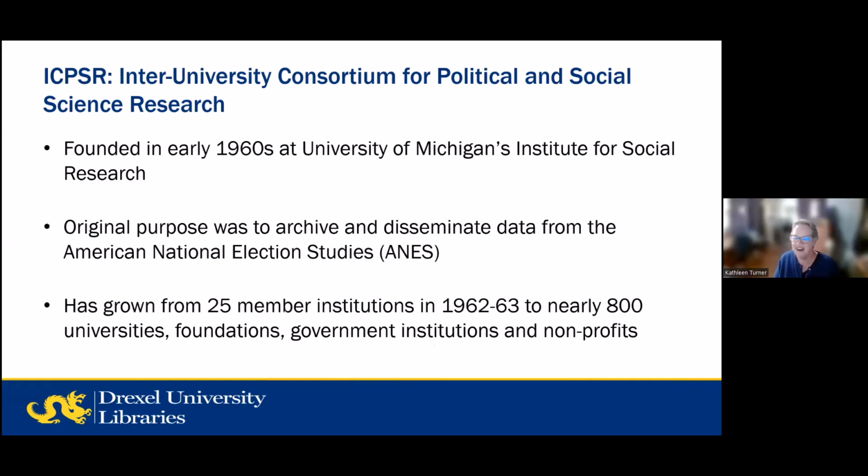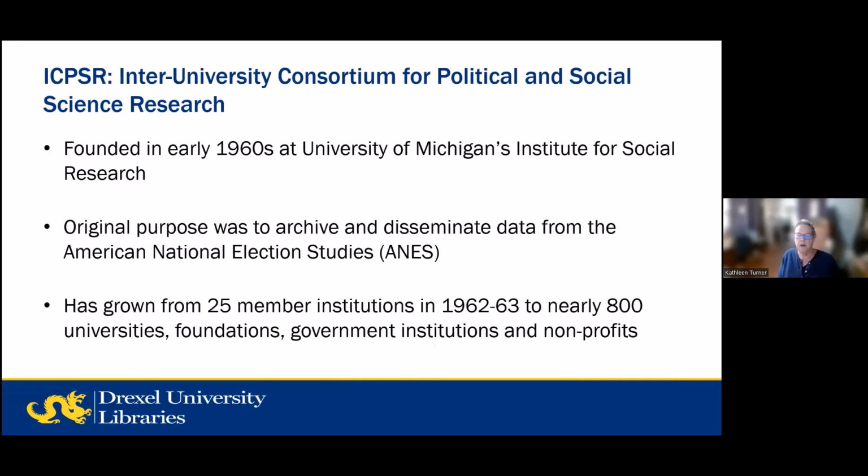All right, some background on ICPSR. That stands, of course, for Inter-University Consortium for Political and Social Science Research. And it was founded in the early 1960s at University of Michigan's Institute for Social Research and still stays very closely associated with Michigan.